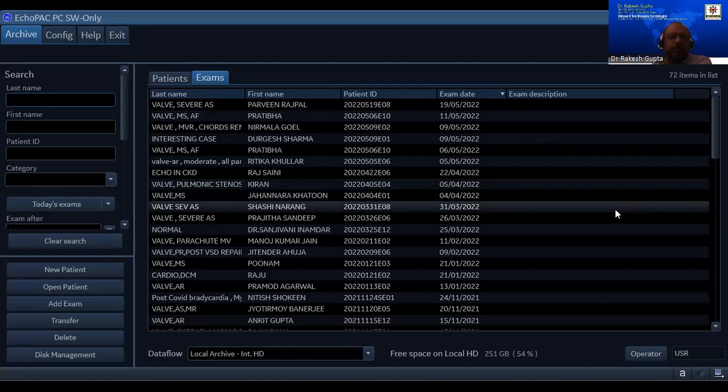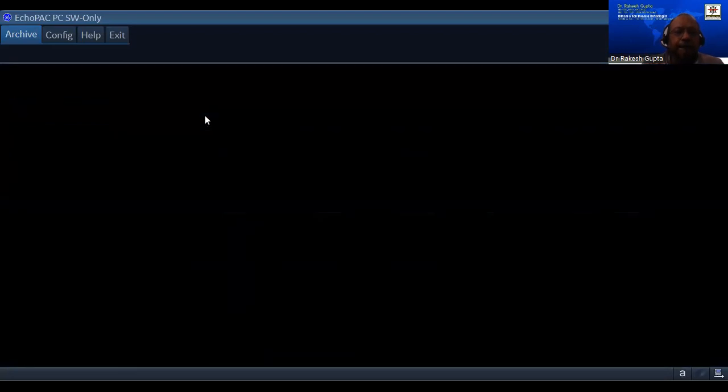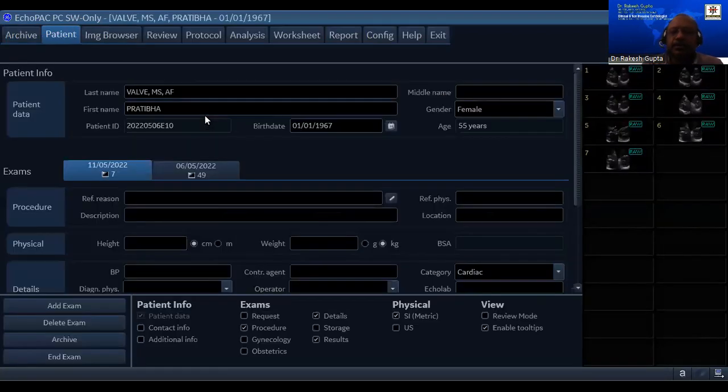So the first question goes to Dr. Balram. Dr. Balram, are you there? Yes, sir. Tell me what exactly do you look for in mitral stenosis? Well, the first thing I would look for is dilation of the left atrium.